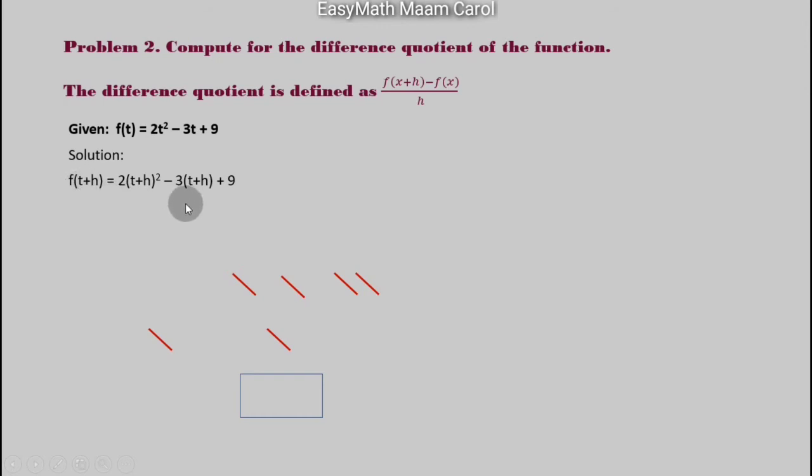What's the next step? The next step is to combine itong numerator natin. So, ano lang yung gagawin natin? Yung nakuha natin na expression na to, ima-minus natin doon sa expression na ito. Okay? So, look at this. F of t plus h minus f of t is, kunin mo lahat to, ilagay mo sa loob ng bracket, and then minus, kasi sabi minus daw, diba?